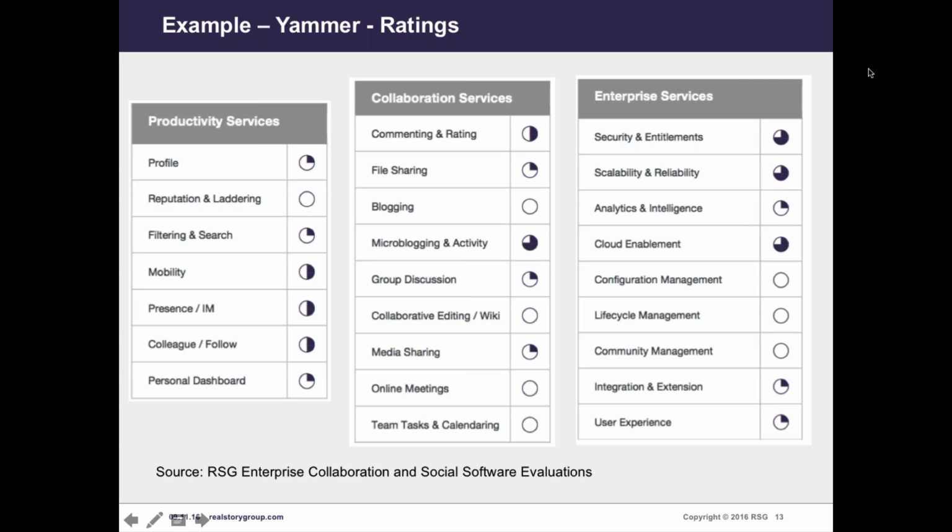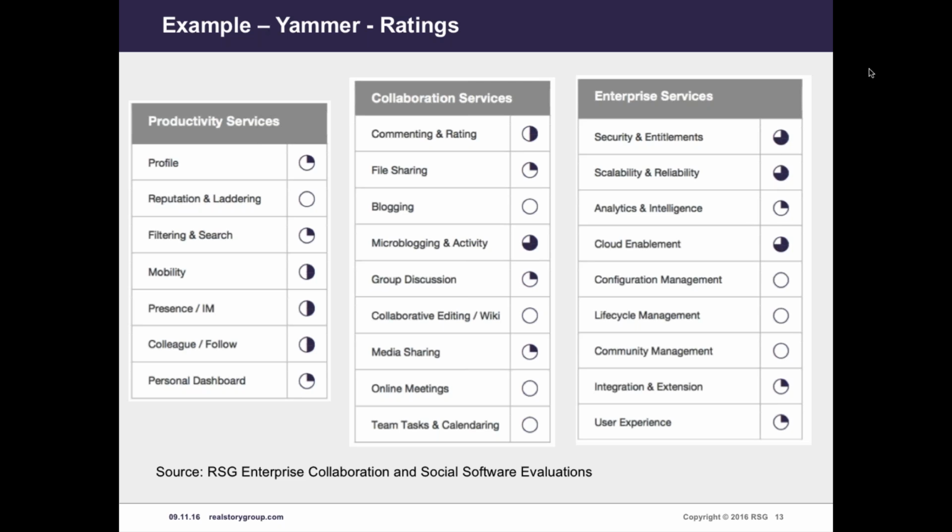In terms of enterprise services, this is a very Microsoft-y platform. It's great at security entitlement, certainly at scalability and reliability. It's totally cloud-enabled, although it's only available as a SaaS, so there can be pros and cons to that. What you don't get with Yammer, and I'll highlight community management as a really important one, is some of the other things. It's pretty light in terms of integration and extension.